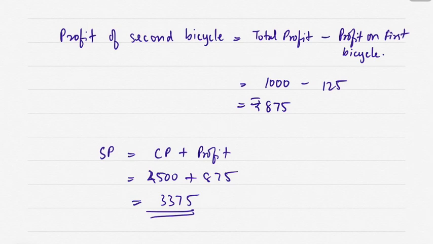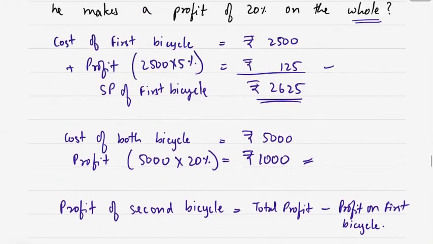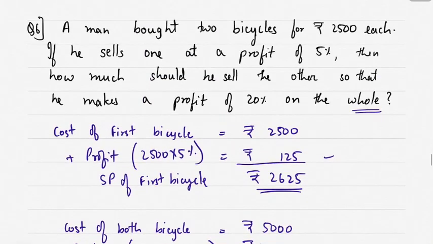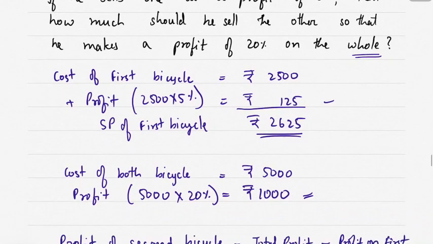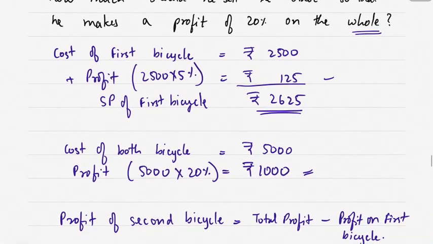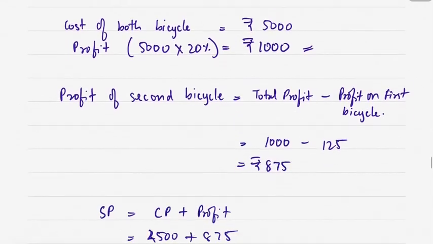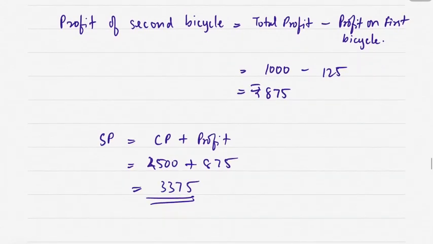Okay. Then how much should he sell the other so that he makes a profit of 20% on the whole? So he should sell the second bicycle for rupees 3375 so that he makes 20% profit on the whole.